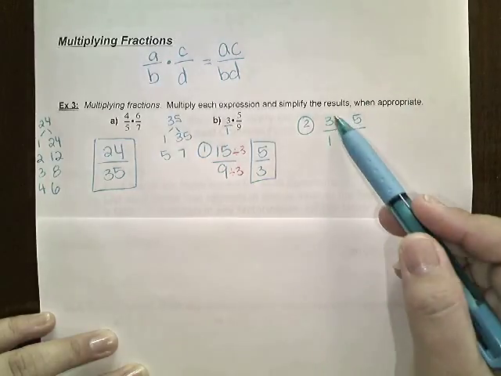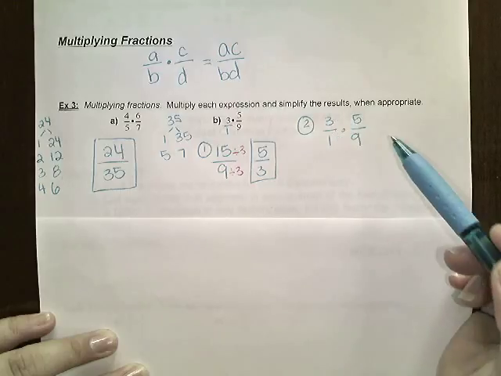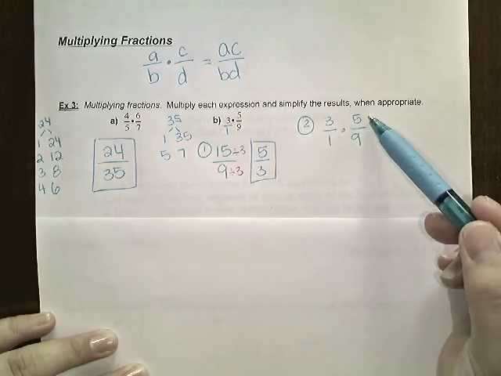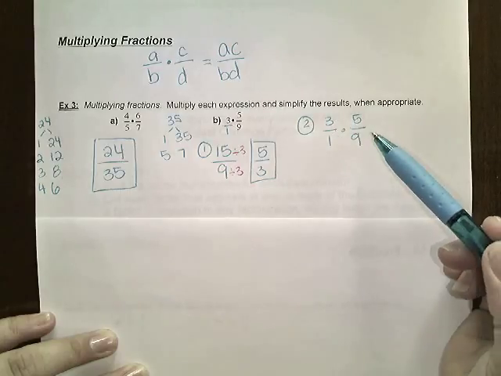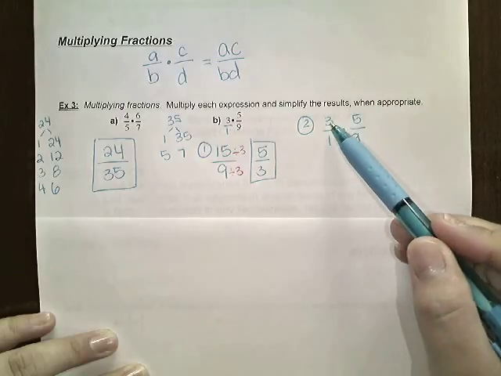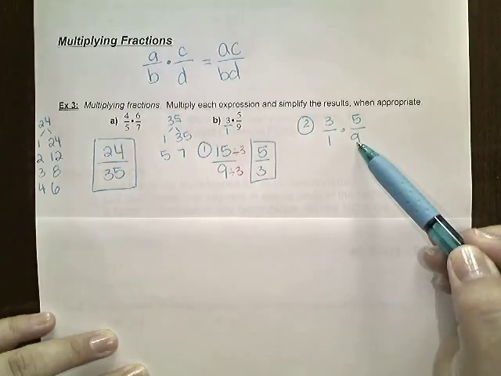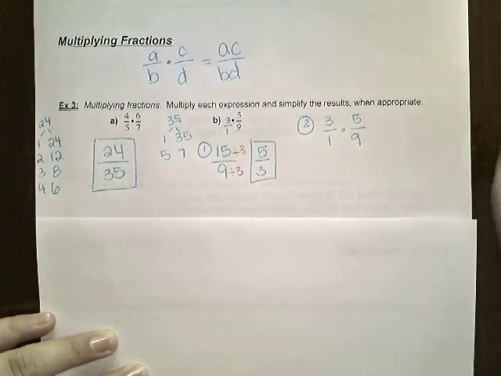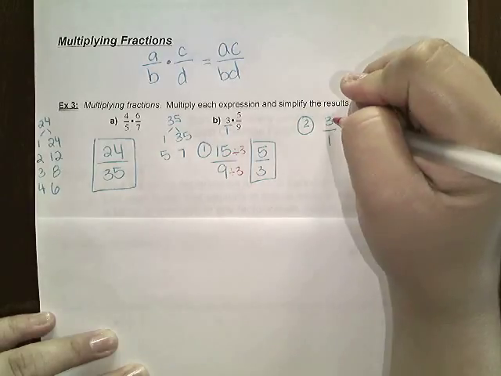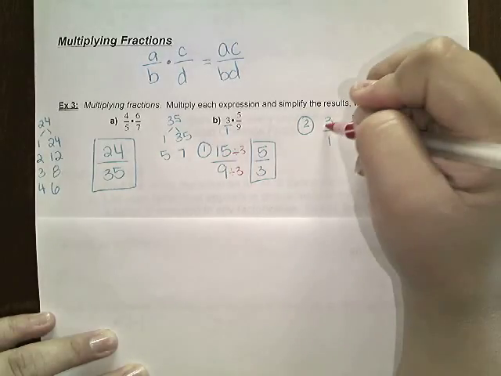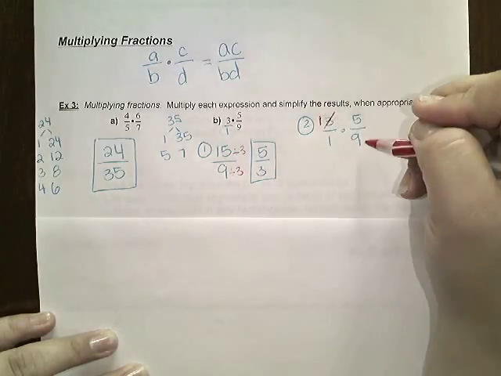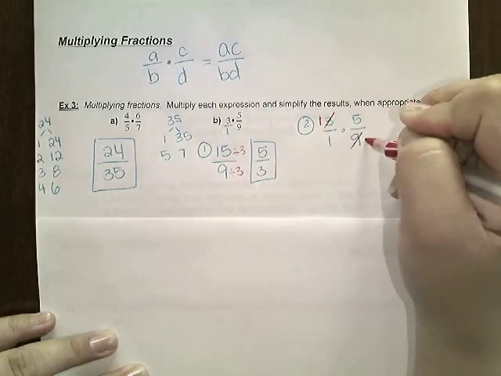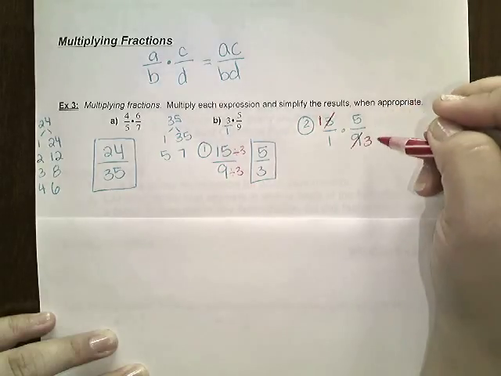Is 3 over 1 completely simplified? Yes, it is. Is 5 over 9 completely simplified? Yes, it is. And then we cross. 3 over 9. Is that completely simplified? No, we could divide each by 3. 3 divided by 3 is 1. And 9 divided by 3 is 3. So we've cross-reduced that.